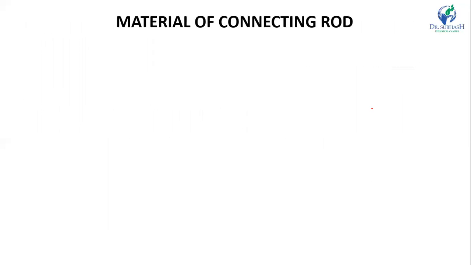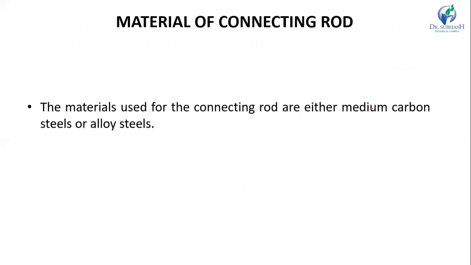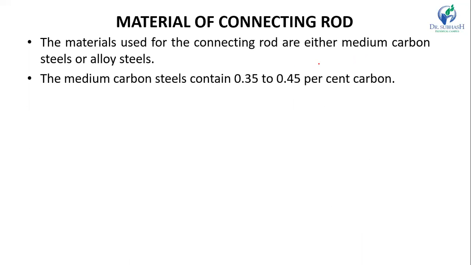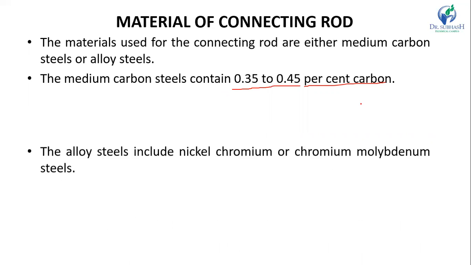Now, the material of the connecting rod. Generally, the connecting rod is made from medium carbon steel or alloy steel. The medium carbon steel contains 0.35 to 0.45% carbon.